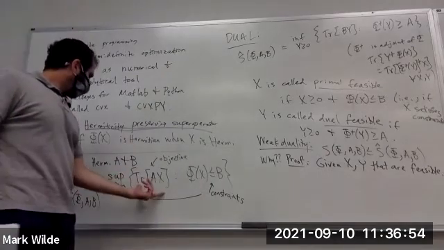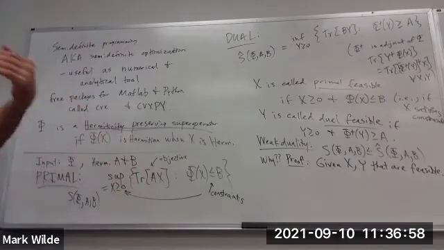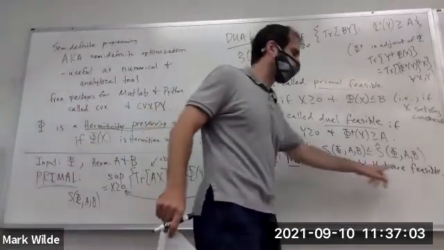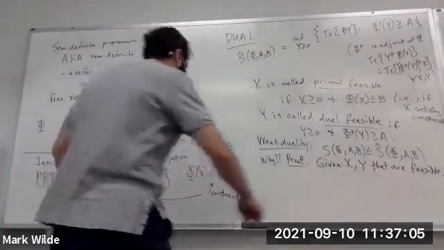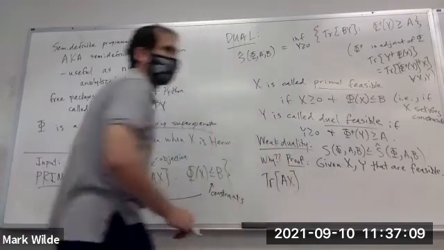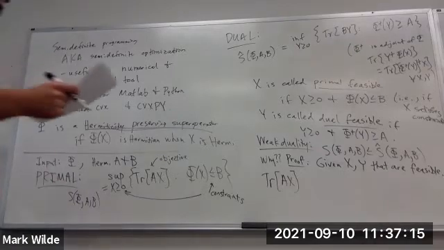Let's start with the value of the objective function for the choice we made. We made a choice of an x that's feasible. So for that one, this is the value of the primal objective function.